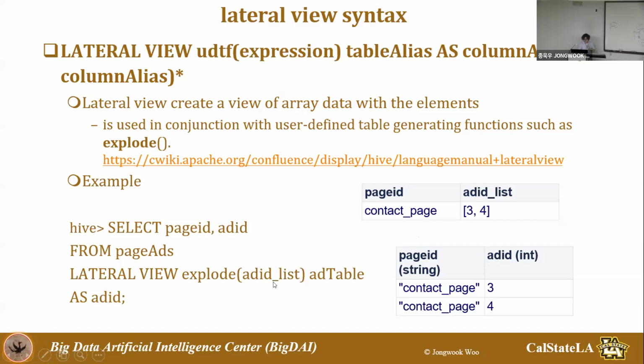So when you call the ad ID list, when you explode the ad ID list column, you can alias it as an ad ID table. Okay? And then the result of this can also be ad ID. So if you use this lateral view, your page ID here can be represented with the ad ID, which is like a table record name, I mean a column of the table record.